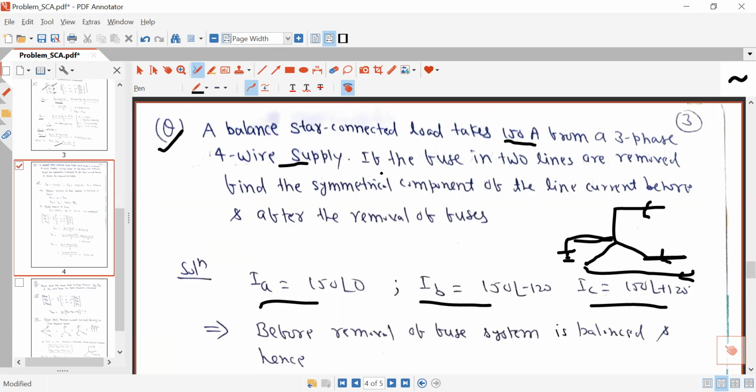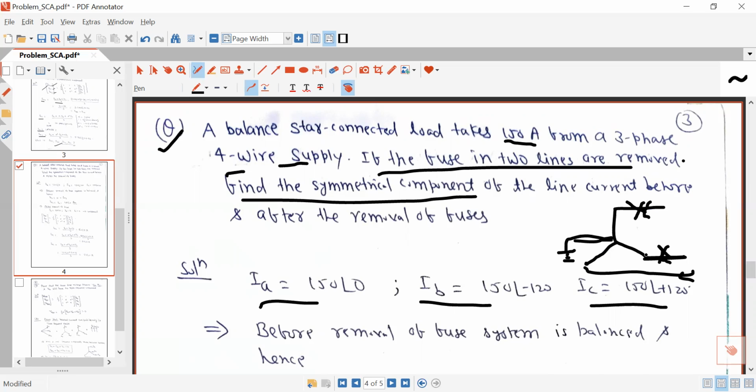Now the question is, if the fuses in two lines are removed, what will be the symmetrical components? It means these two currents will be 0, because when you remove the fuse, the current will be 0.